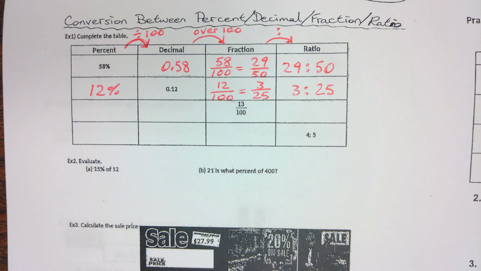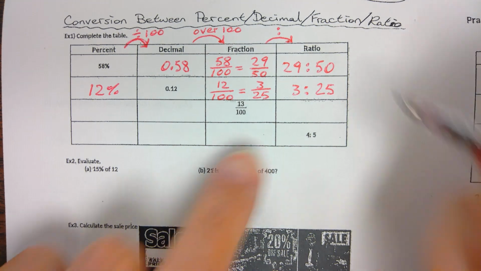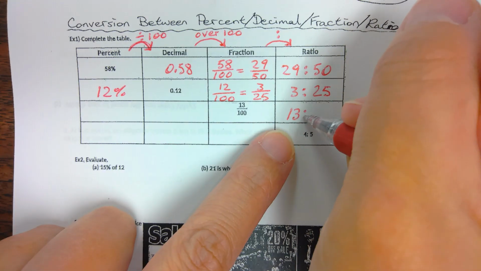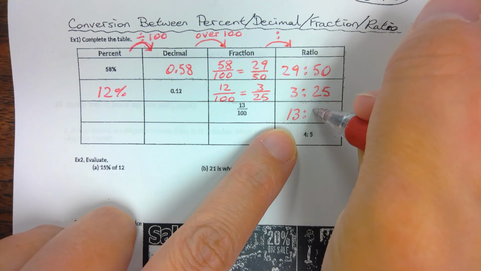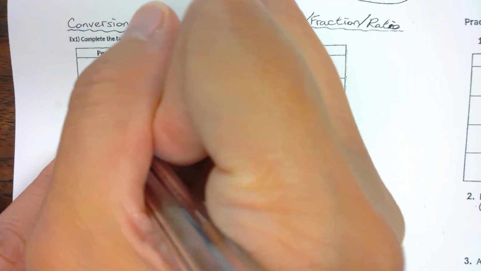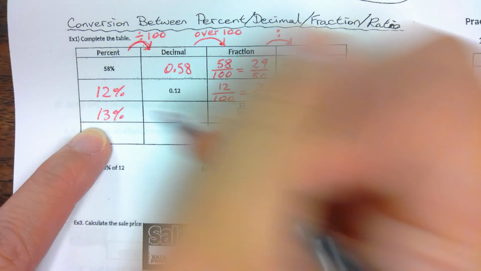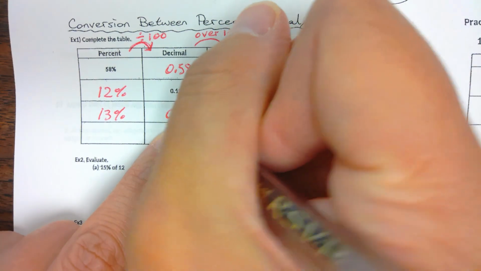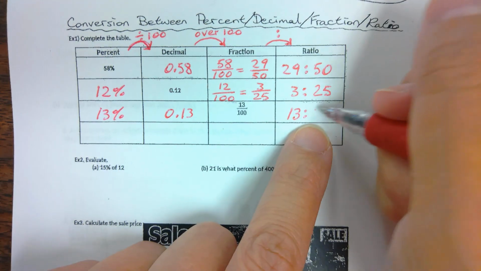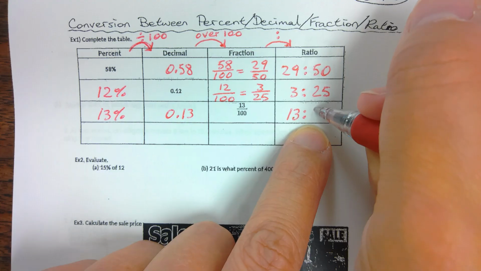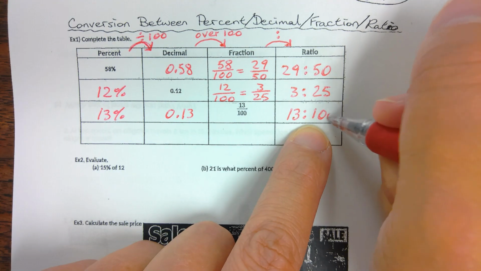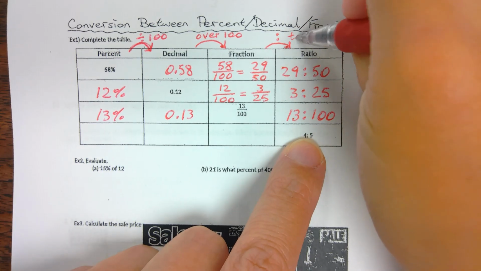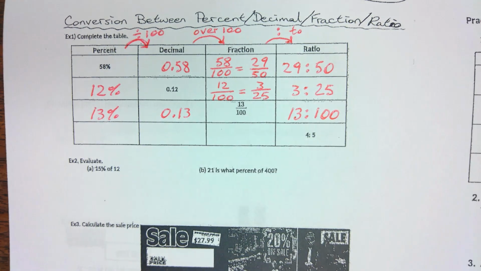People who have been quiet. Okay, Adrina? 13 to, sorry? Oh, sorry. You said 13%. My bad. As a decimal? Yeah, that's it. Okay. The colon, we say the word to. Alright, so 13 to 100, like this.